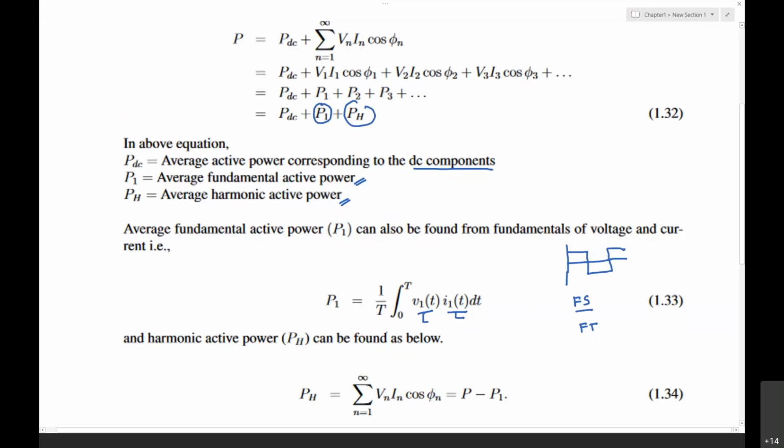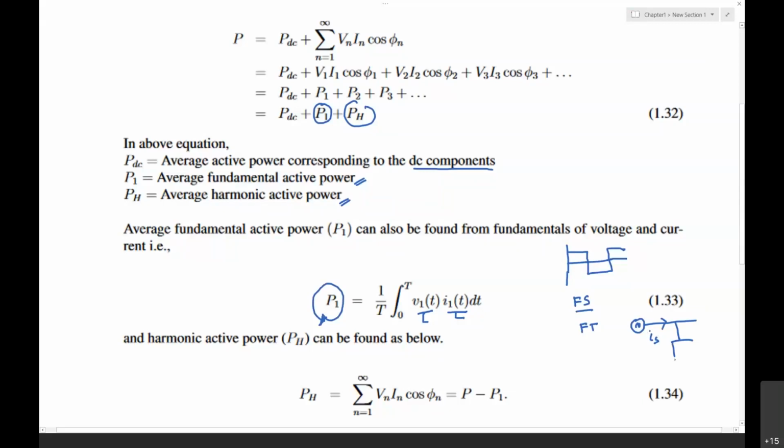In certain applications we are interested in finding out the fundamental active power, especially this fundamental active power. One case I will quote here is a system where we are improving the current quality, maintaining the source current to be sinusoidal.